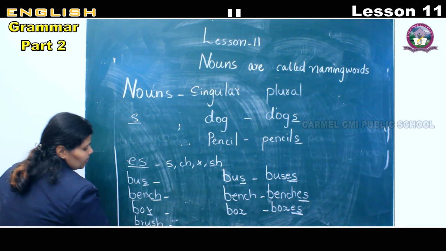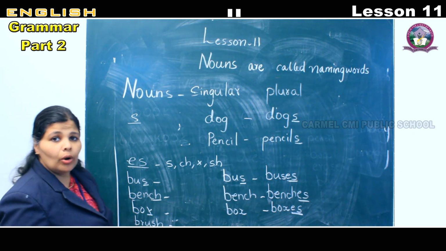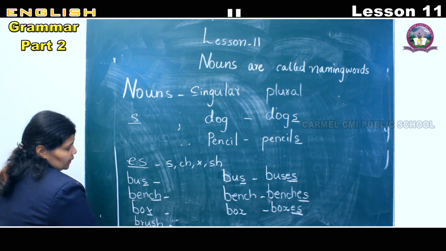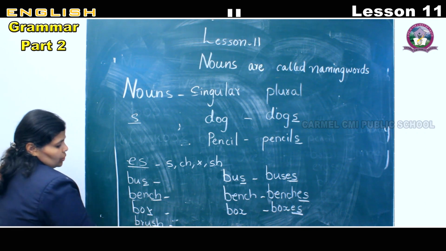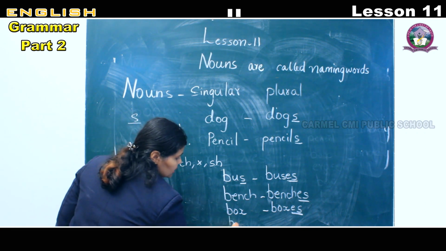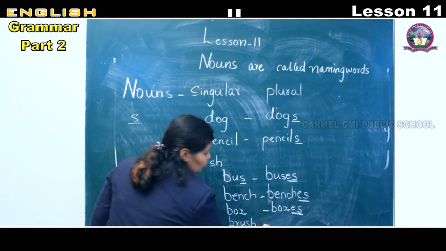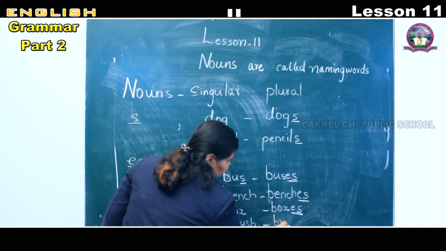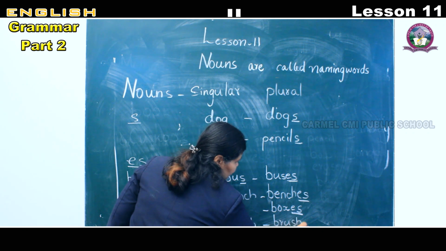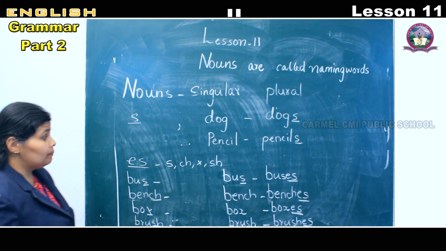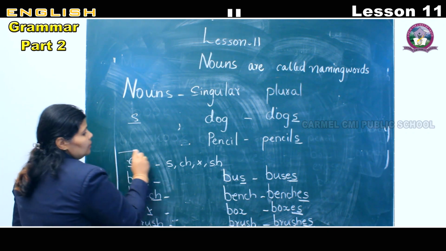Brush. You always brush your teeth in the morning, isn't it? So, brush. Which is the letters that it ends with? sh. So, brush singular is brush and the plural is brushes. So, now what you have to do? Learn this by heart.